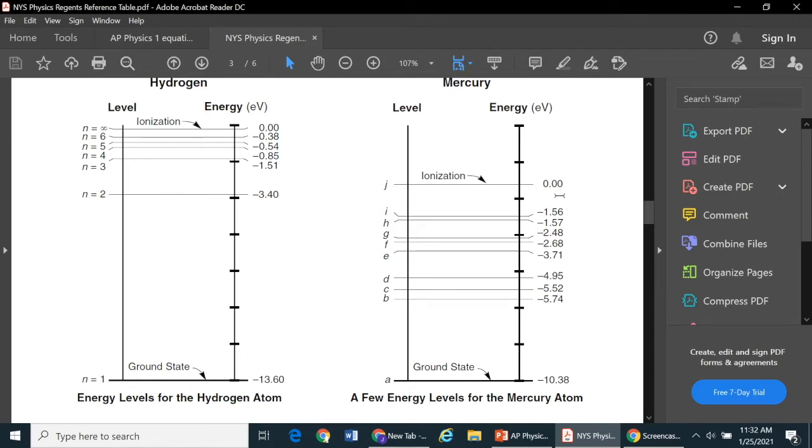And the reason they have to be negative is because we want to stick with the convention that if you put in work, that work is positive and that increases the energy. What we're saying, though, is for these kind of bound systems, increasing the energy eventually makes that potential energy increase to zero because now the objects are no longer bound to one another.